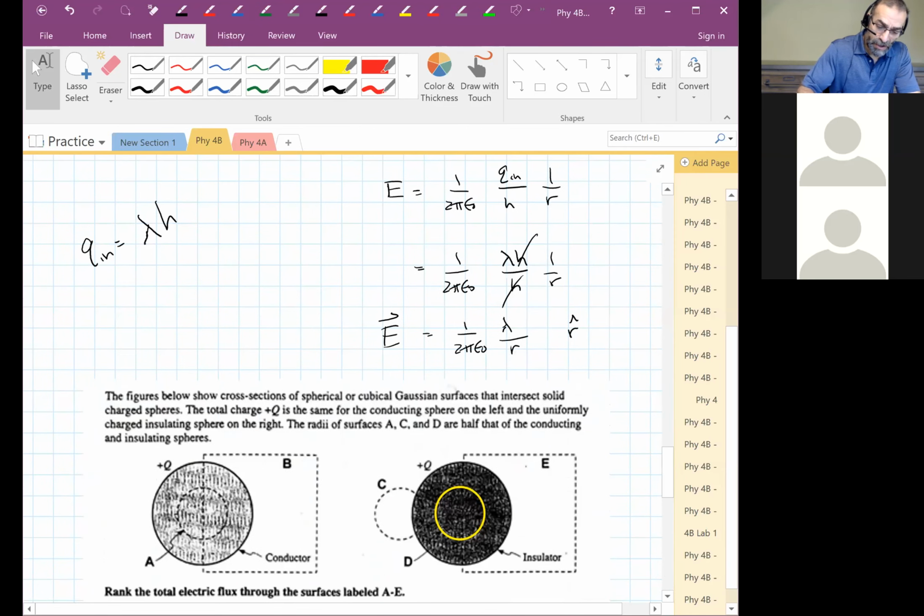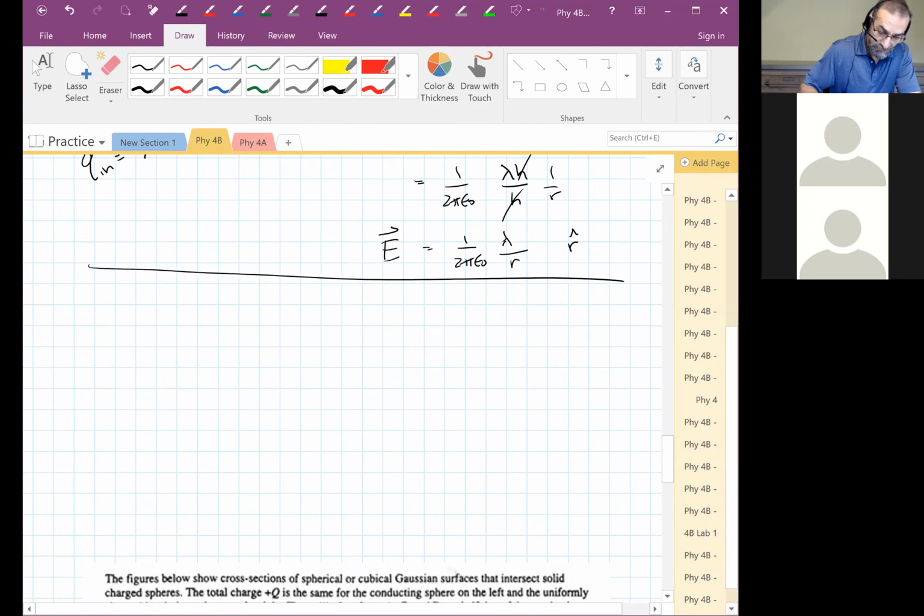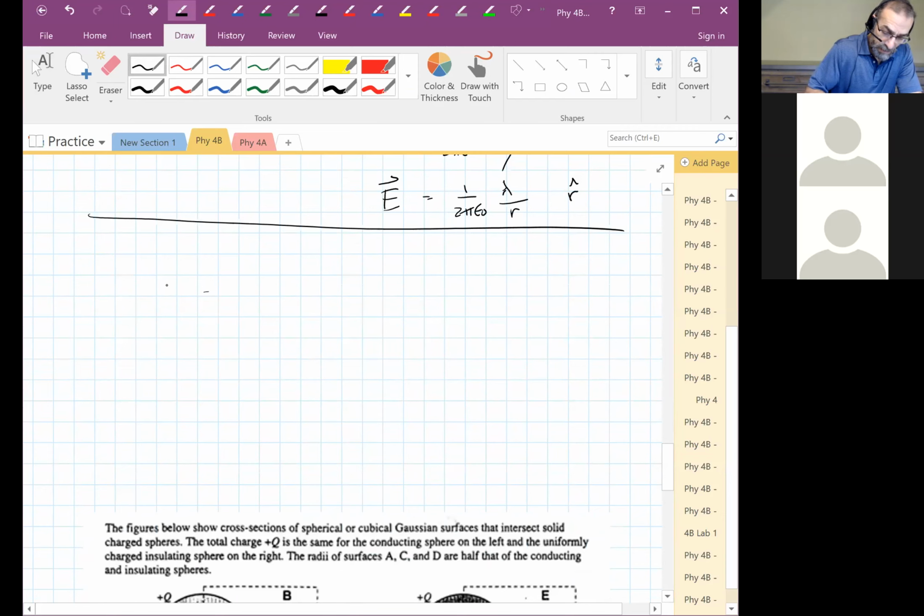And the charge is actually spread out over the surface of the cylinder or throughout the volume of the cylinder. So we could have a line charge, right? And we would use lambda, charge per length of this line charge.